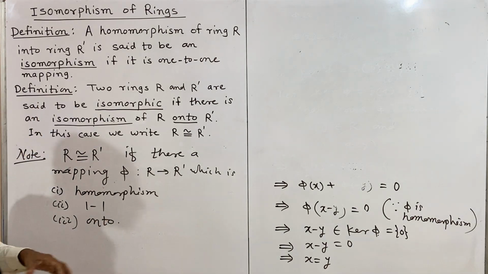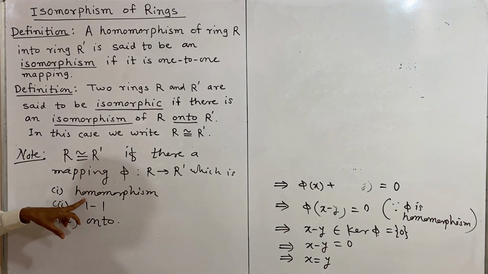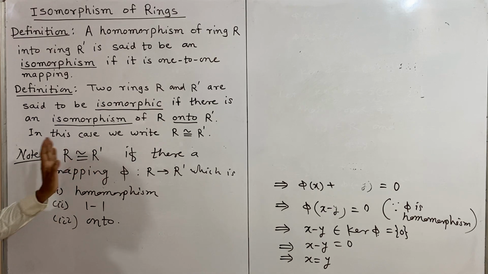If there exists a 1 1 onto homomorphism, then the two rings are said to be isomorphic.